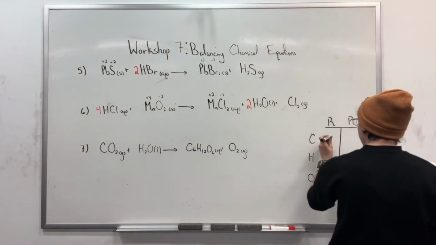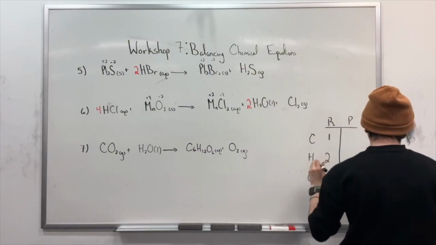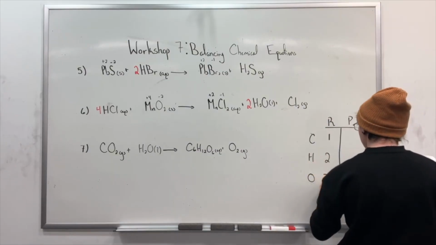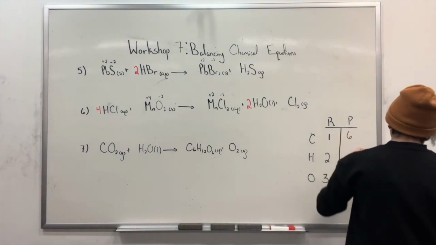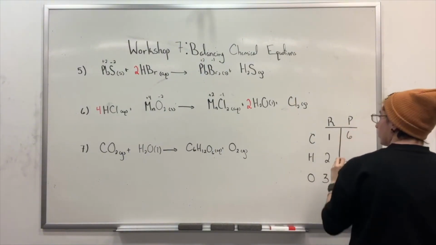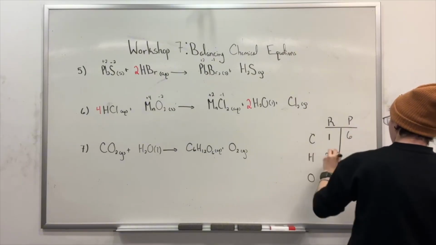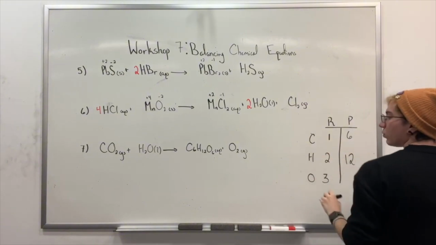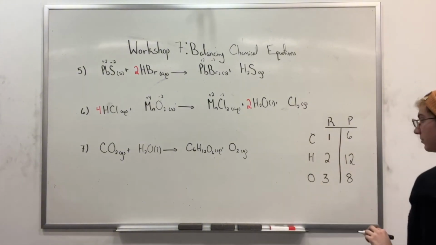We have 1 carbon, 2 hydrogen, and 3 oxygen on our reactant side, and we have 6 carbon, 12 hydrogen, and 8 oxygen on our product side.